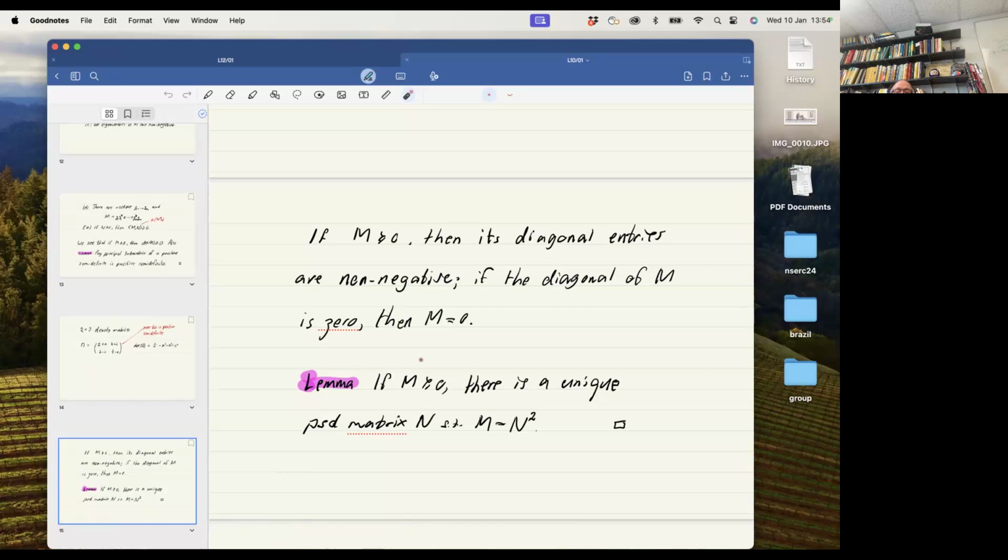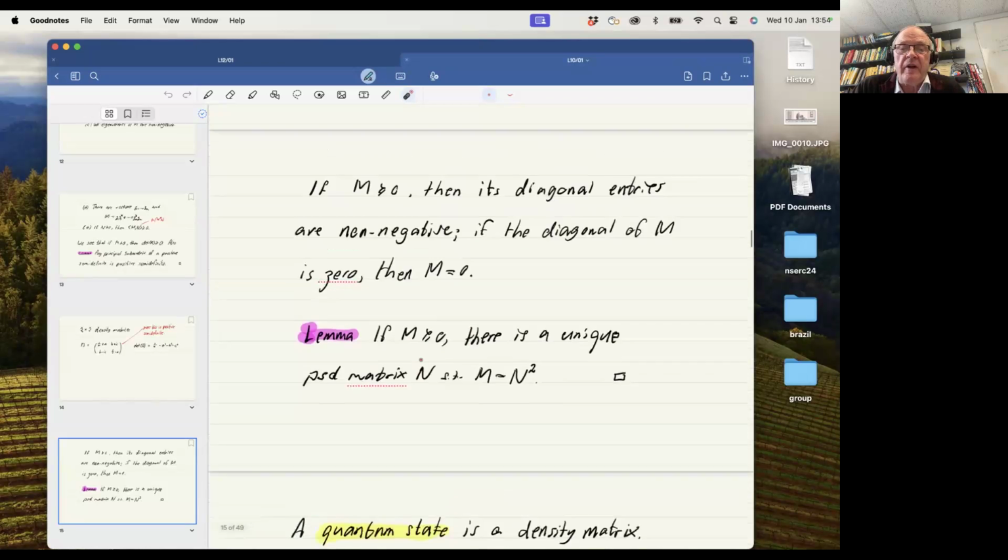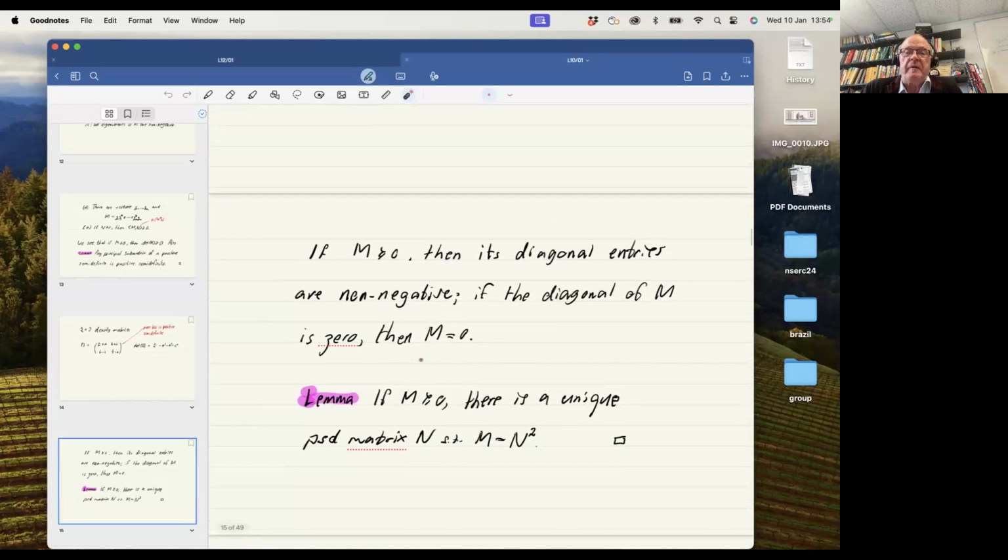Now, the trick to this is to say, well, M is similar to a diagonal matrix with real, non-negative diagonal entries. So that matrix has a unique square root: there's a unique diagonal matrix with non-negative entries whose square is equal to that. And so you deduce that M is a square. This can be useful on occasion. So we have a bunch of characterizations of positive semi-definite matrices.